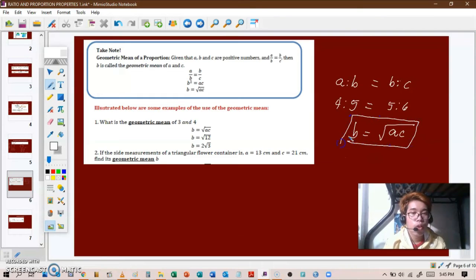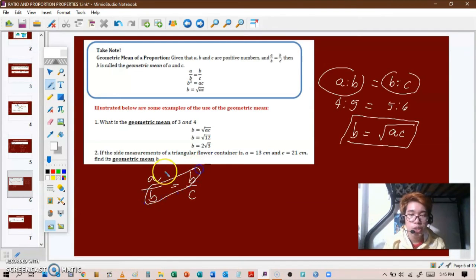From the ratio that we have here, we can write a proportion. So it's going to be A over B is equal to B over C. And from here we can use again cross multiplication to get the value of B. So this will become B squared is equal to AC.